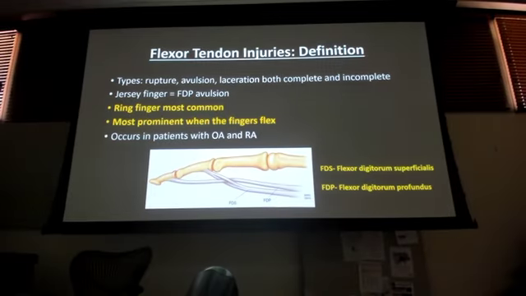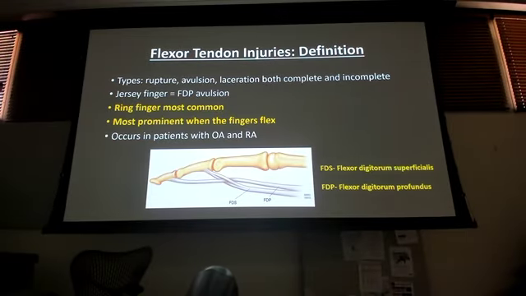Okay, flexor tendon injuries. When it comes to flexor tendon injuries, you definitely want to focus in on this topic, because it's something that we kind of talked around. I just want you guys to start understanding your anatomy. You remember from anatomy, and if you don't, I'm going to refresh you. The FDP, the flexor digitorum profundus, is on the flexor, palmar side.